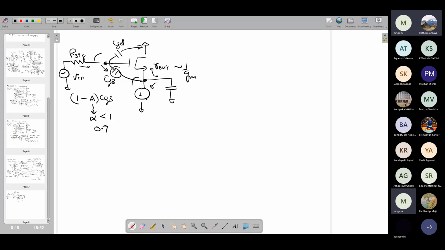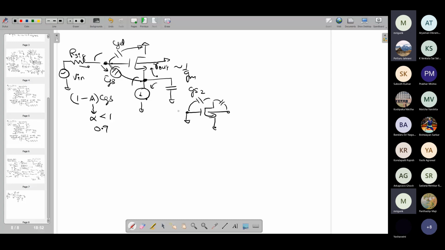Now, what about the second node at this particular point? What is the situation? CSB and CDB are there. Okay, the body terminal, assuming that is AC ground, and I have the current source. If I assume the current source is a real current source, it will also have these two capacitances. So CGS of M2, call it M2 CGS, because this is AC ground.